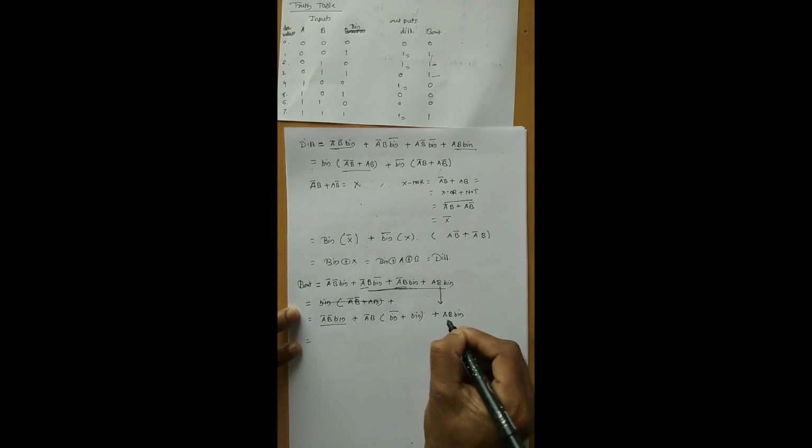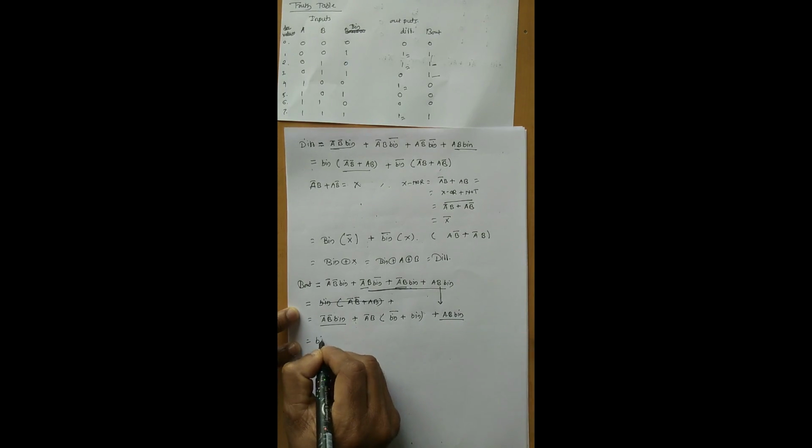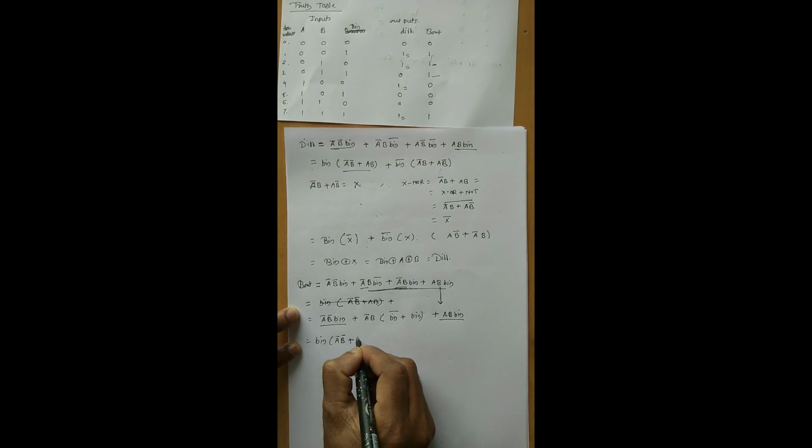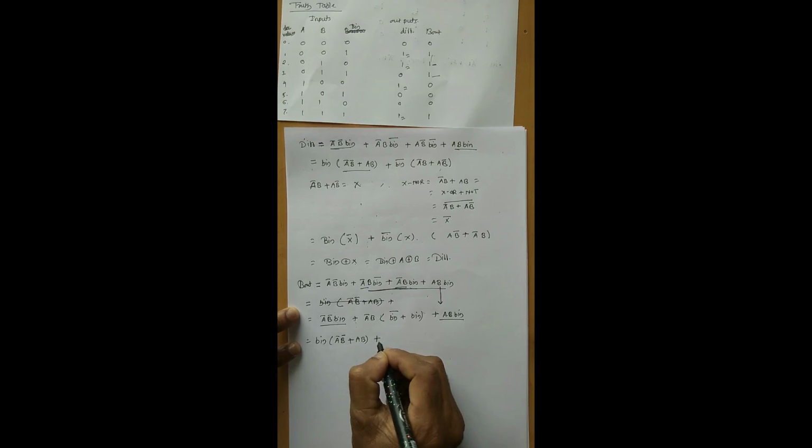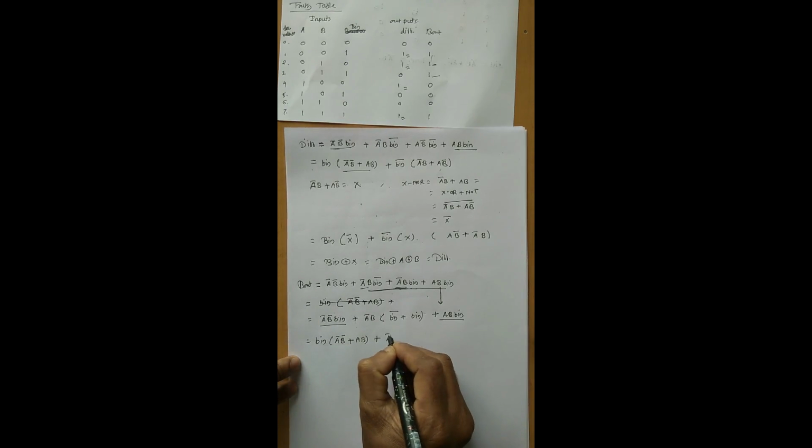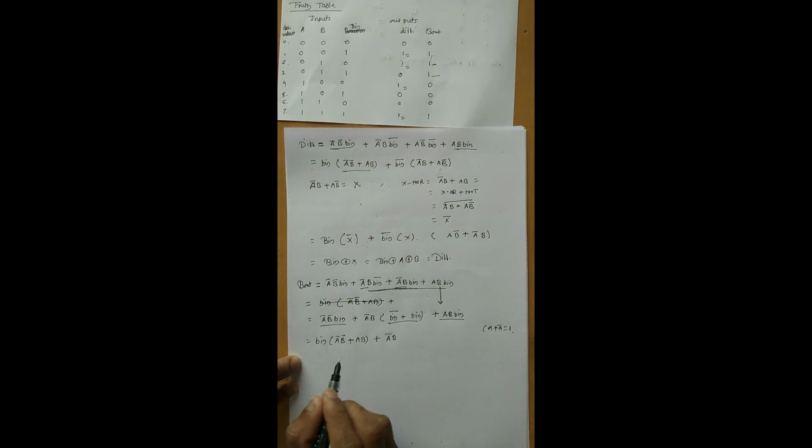Okay, from these two terms we can bring B in as a common, so A bar B bar plus AB plus inside the bracket A bar B, because A plus A bar is equal to 1. That's why this bracket will be one value and this will be remaining, which is the B out equation.